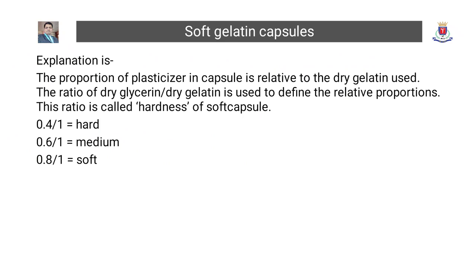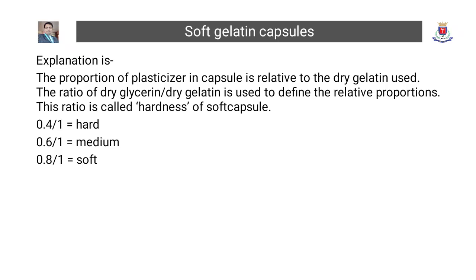The proportion of plasticizer in capsule is relative to the dry gelatin used. The ratio of dry glycerin to dry gelatin is used to define the relative proportions. This ratio is called hardness of soft capsule.